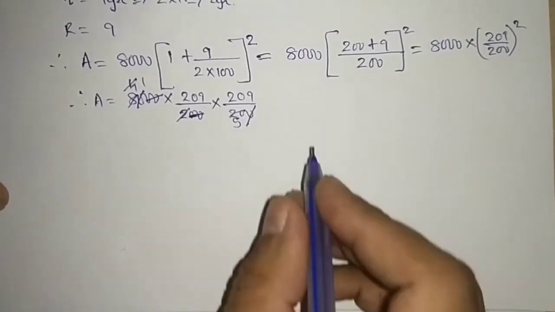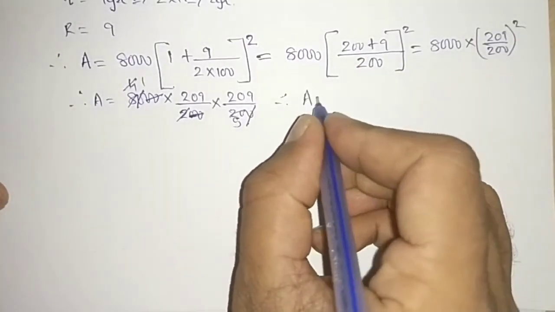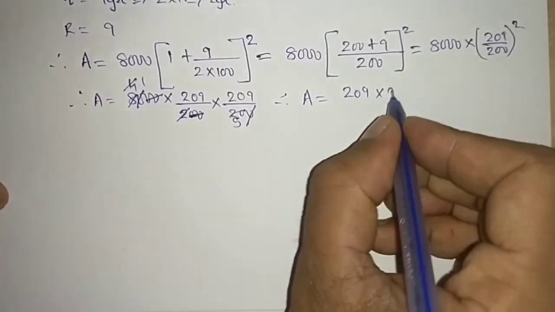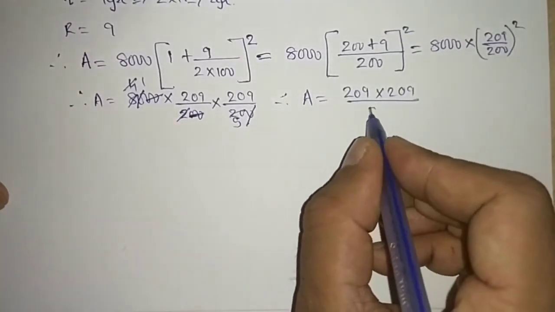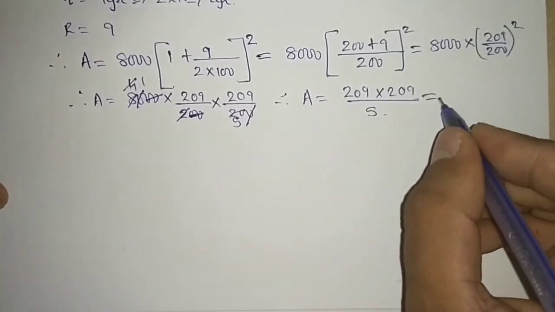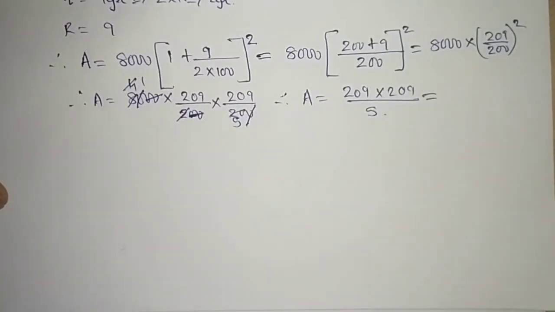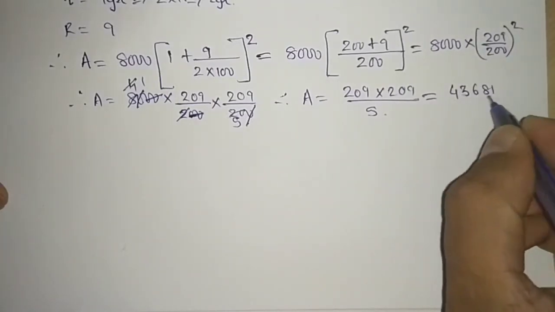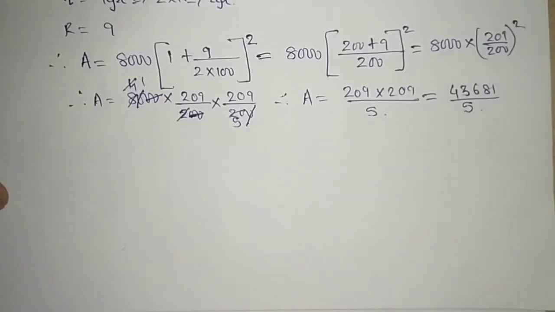So now remaining amount will be, therefore amount is equal to 1 into 209 into 209 whole divided by 5. When you solve it further, you will get 209 into 209 as 43,681 whole divided by 5.